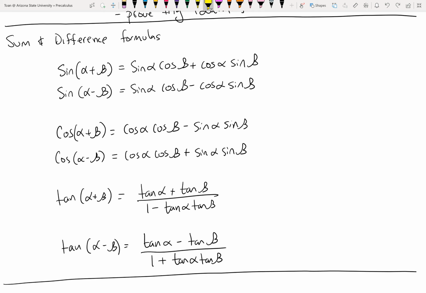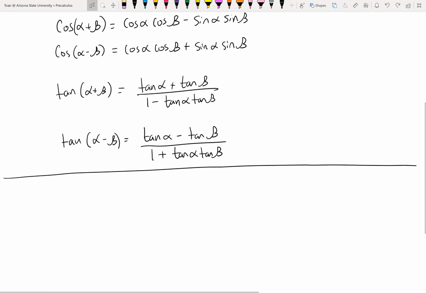Well, did you ever stop and wonder, how did people back in the day do trig when calculators weren't invented?